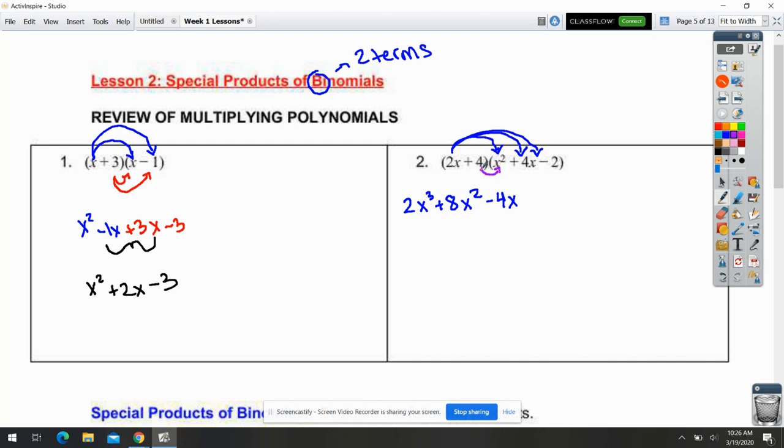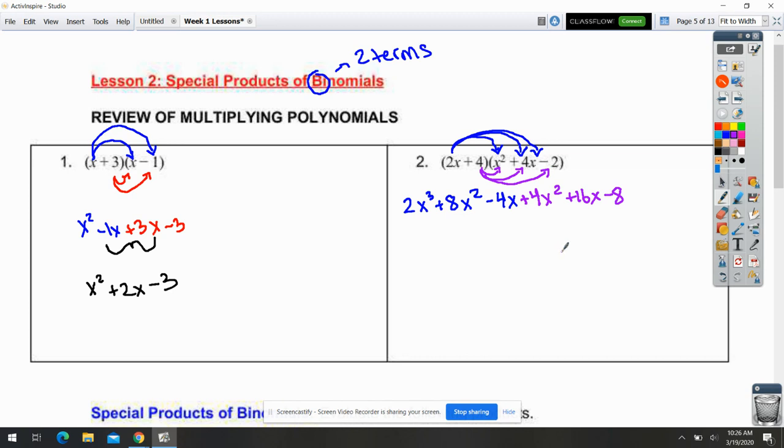So we have 4 times x squared, 4 times 4x, and 4 times -2. So 4 times x squared is 4x squared. 4 times 4x is 16x. And then 4 times -2 is -8.